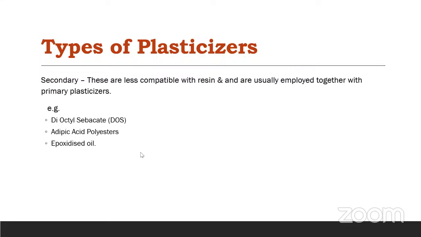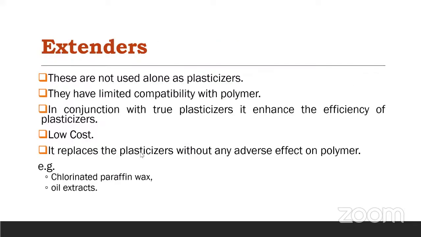Then there are secondary plasticizers. These are less compatible with the resin and are generally used in combination with the primary plasticizers, for example epoxidized soybean oil, which is used as an alternative in food packaging and some children's toys.